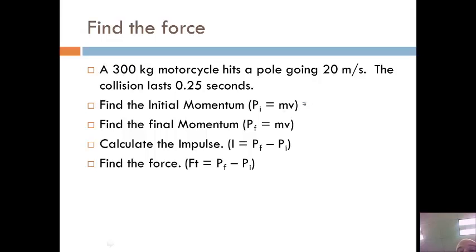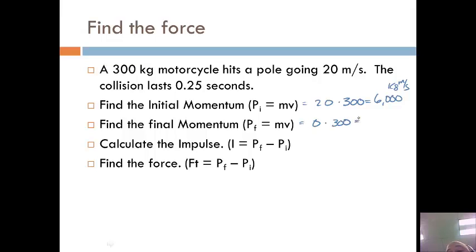The initial momentum in this case is going to be the 20 meters per second times the 300 kilograms. And you should get then 6,000 kilogram meters per second. The final momentum in this case is again 0 times 300.